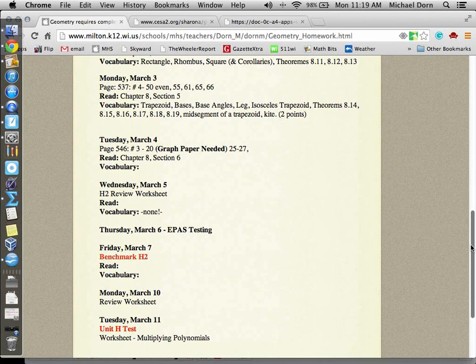Just a reminder for everybody, please remember, for your testing this week, you will need your own scientific calculator. They may have a few in the classroom, but don't count on a classroom set. Bring your own scientific calculator for that test.